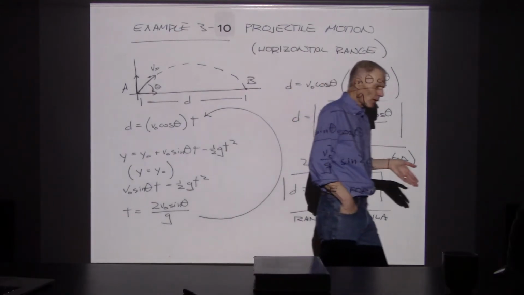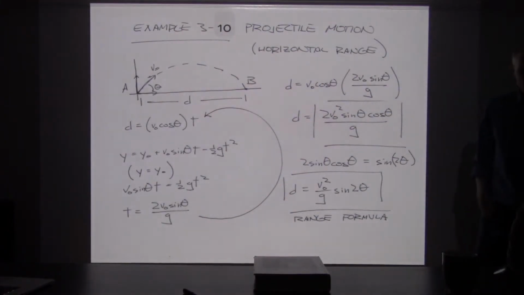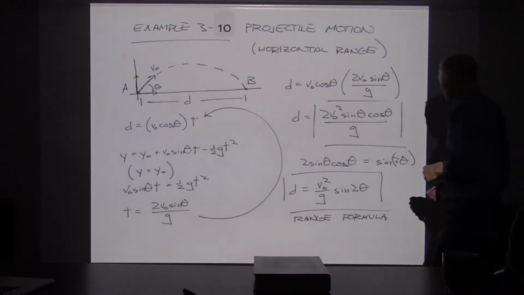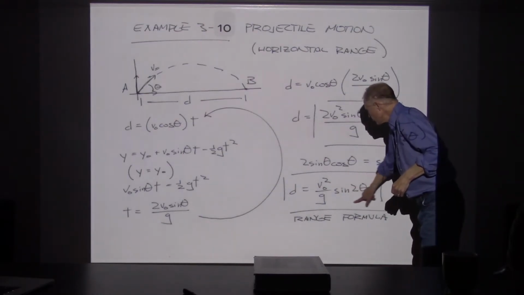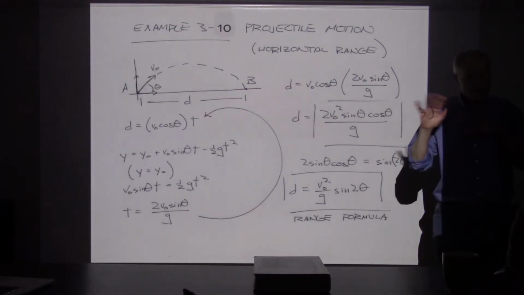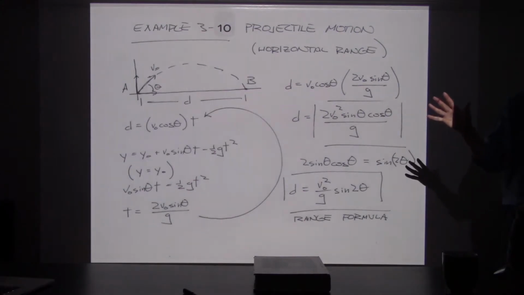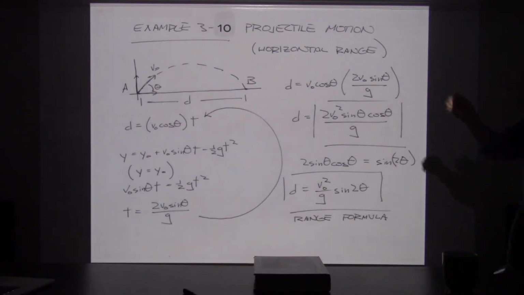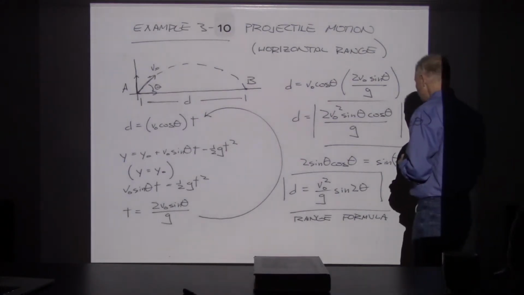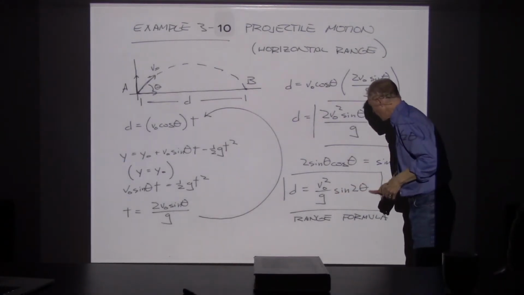So we can already start seeing how I would get the maximum range. The maximum range would come from maximizing sine 2 theta. So if I've got a certain muzzle velocity, the projectile is going to come out of the cannon at a certain speed, 60 meters per second. How would I get that to go as far as possible?